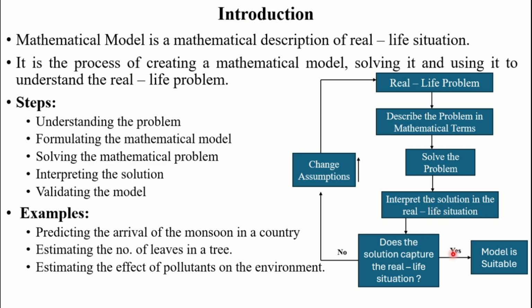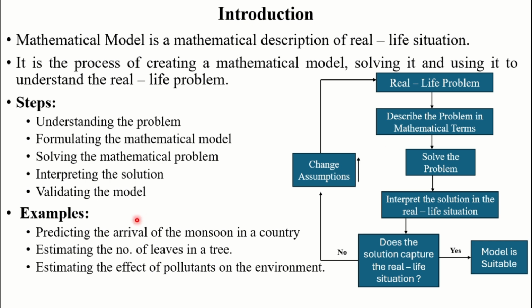If it is true, then we use that model, or we can say the model is suitable. If the results do not match the real life situation, then we repeat the steps. Either we start from the starting stage or we can start with the second step, where we modify or formulate the mathematical model. This is the process, or steps, of mathematical modeling.